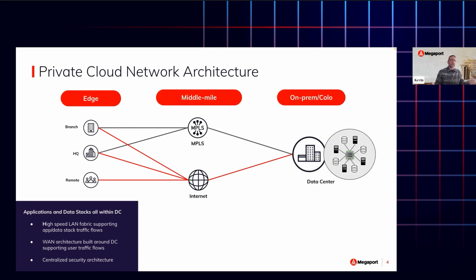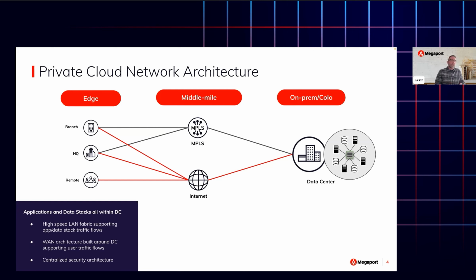Because if you look at this traditional architecture, private cloud, you've got your application and data stack sitting in a data center, and you've built your network architecture around that, right? So connecting your remote sites, remote users, your headquarters, your branches, and leveraging internet connectivity, potentially using secure VPNs, but also private connectivity, typically with an MPLS type of transport.